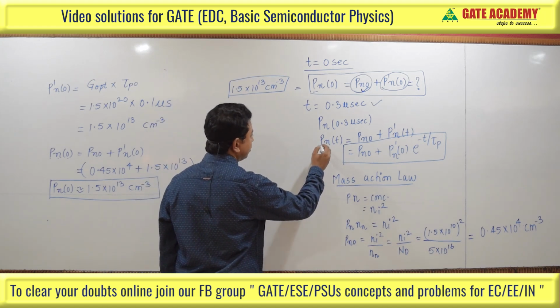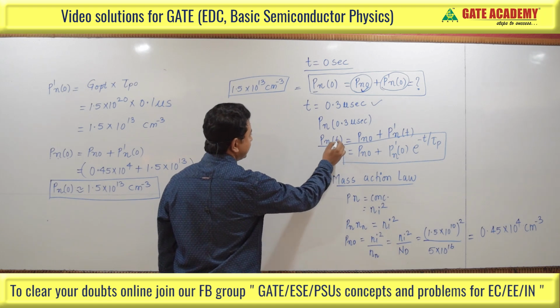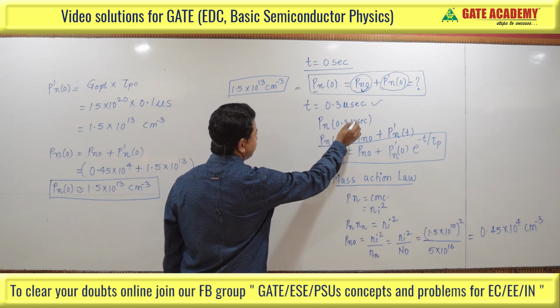Now we have to find the concentration of holes at time t = 0.3 microsecond.